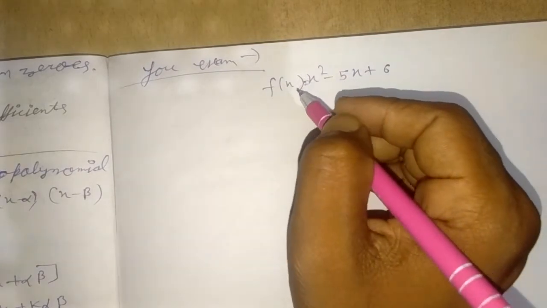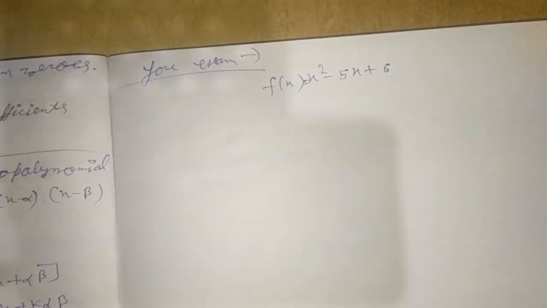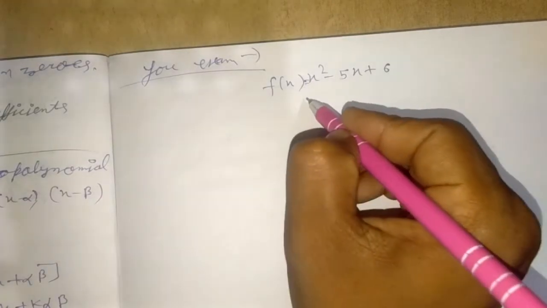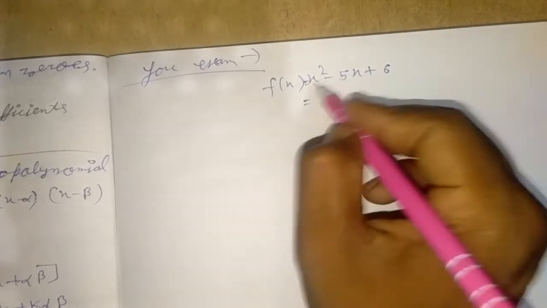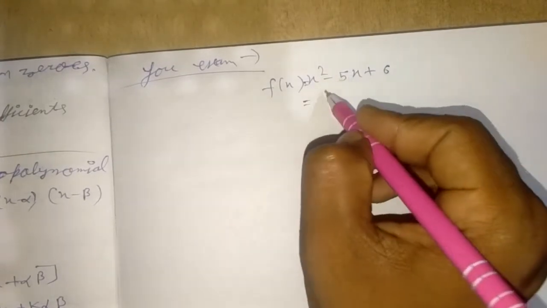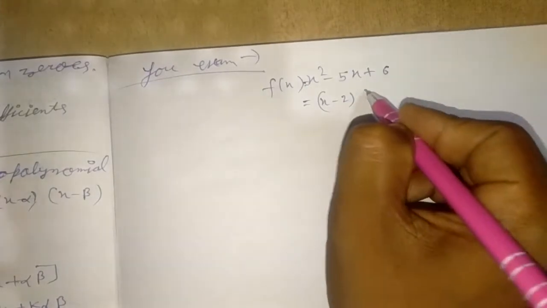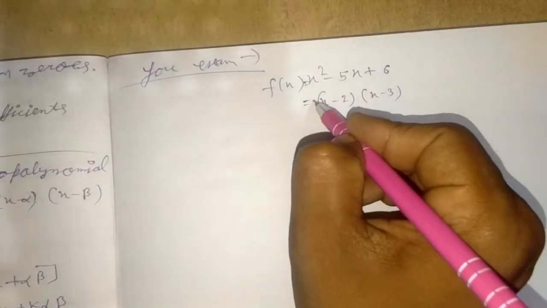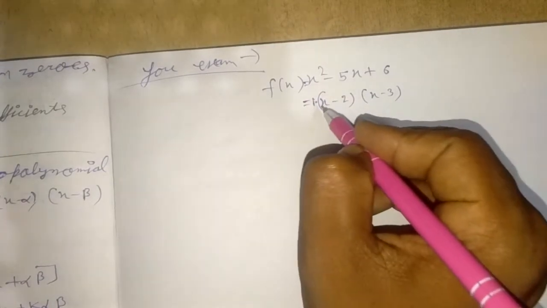Now factorize it by splitting the middle term. You will get x minus 2 and in the next bracket x minus 3, and the value of k is equal to 1.